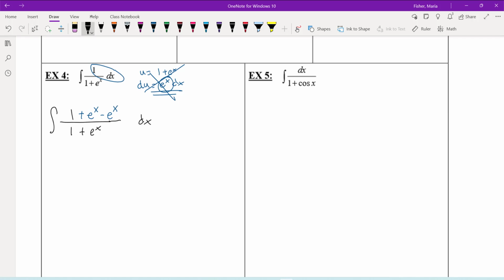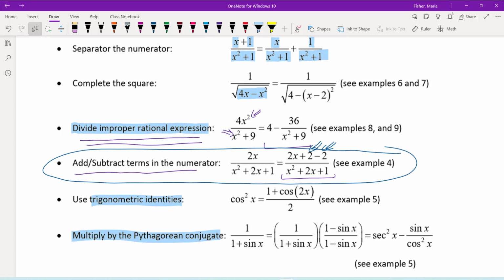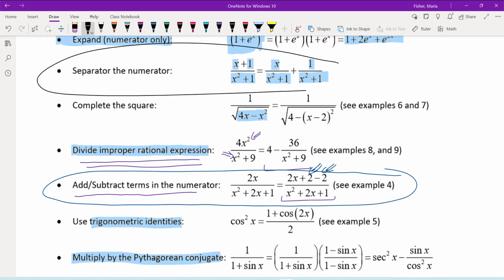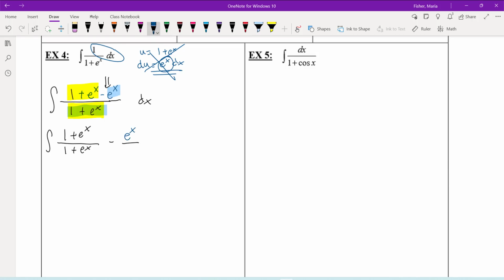But why is that helpful? Well, it's helpful because we can also then split this up over the numerator, so we're going to be separating the numerator and writing this as the indefinite integral of 1 plus e to the x over 1 plus e to the x, minus e to the x over 1 plus e to the x, because I'm allowed to do that.